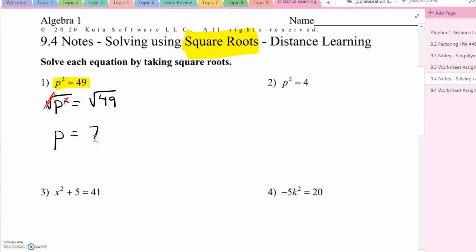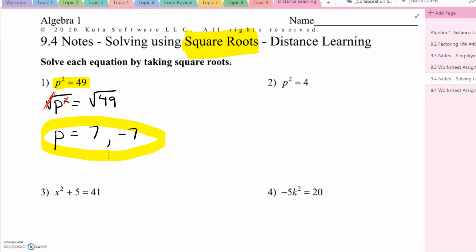So we have at least one solution right now, but can you think of any other number that multiplies by itself to get positive 49? What is a negative times a negative? A positive. So p could be 7, but p could also be negative 7. So p equaling 7 and negative 7 is your answer to problem number 1 on our 9.4 notes. Because 7 times 7 is 49, but also negative 7 times negative 7 is 49.